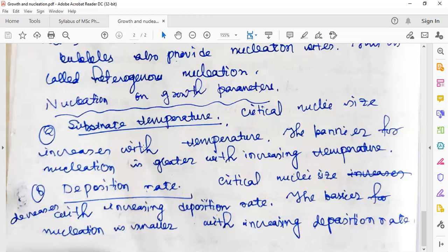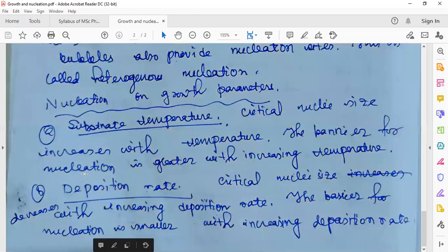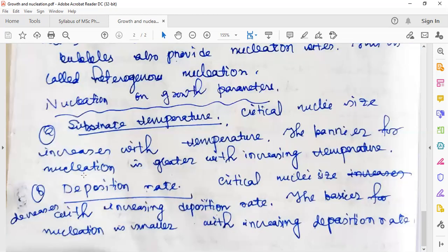If the nucleus size is high, the barrier for nucleation is greater. Barrier means that in order to facilitate nucleation, it will take more time or more effort. So you have to deposit or process for a longer time to get your desired thin film if your substrate temperature is quite high.